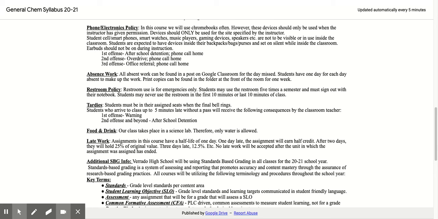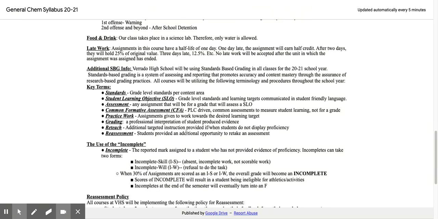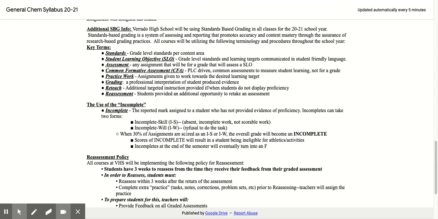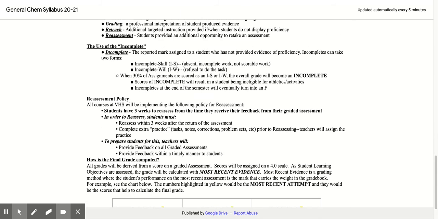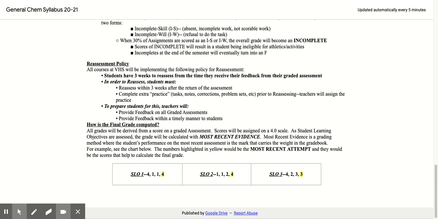I also have at the end all that additional SBG info for you because things are a little strange this year. It goes over again how the final grade is calculated. So remember that these standards in the science classes are your science practices. I showed you guys all 8 of those science practices.